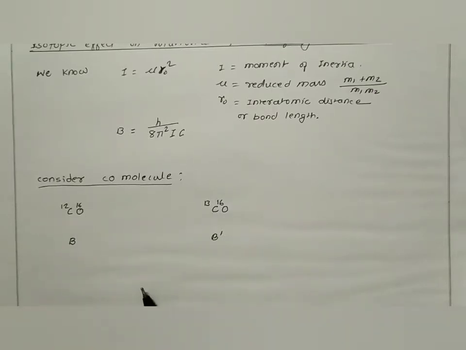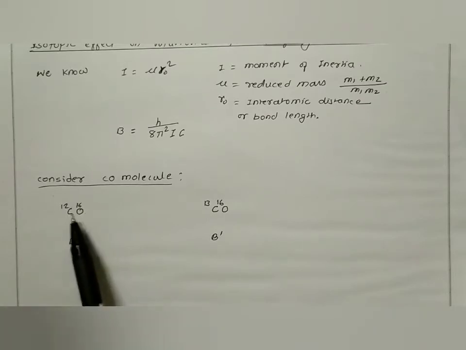Almost all physical properties are also the same, except one property that changes, that is the mass, the reduced mass. This carbon monoxide has carbon with mass number 13, and this one has mass number 12.